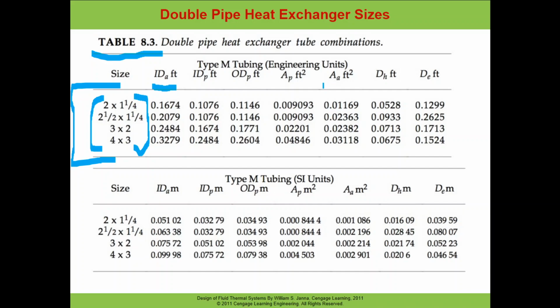This is in FPS unit, and this is in SI unit. So this is inner diameter in meter, inner diameter of pipe, outer diameter of the pipe, and inner diameter of annulus here. And then the area of pipe, area of annulus, DH and DE. So if you are choosing the heat exchanger from here, then you can directly take these values from the table. You don't need to calculate the flow area and hydraulic diameter or equivalent diameter in this case.